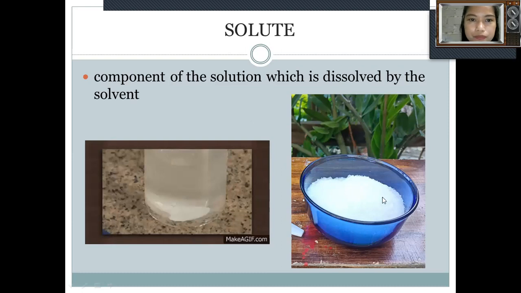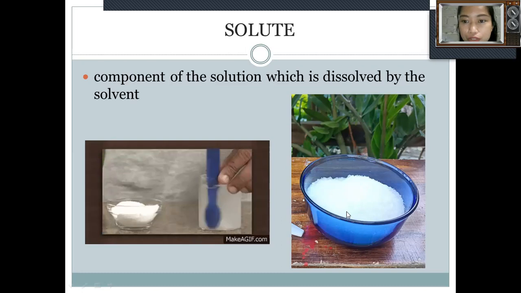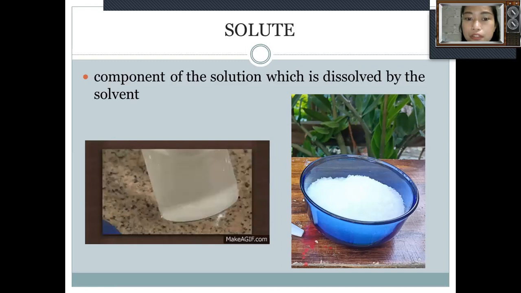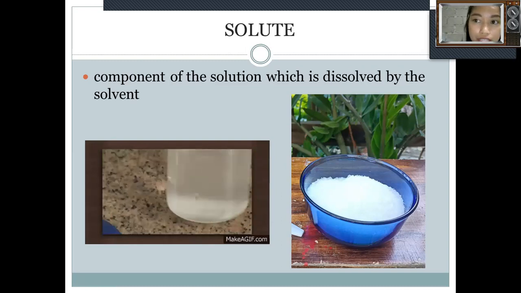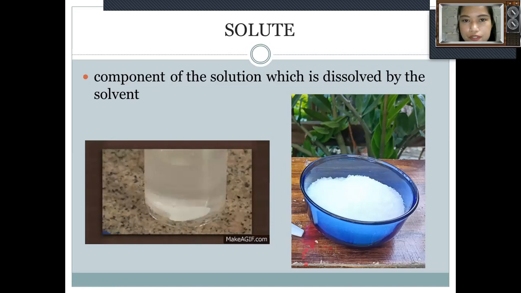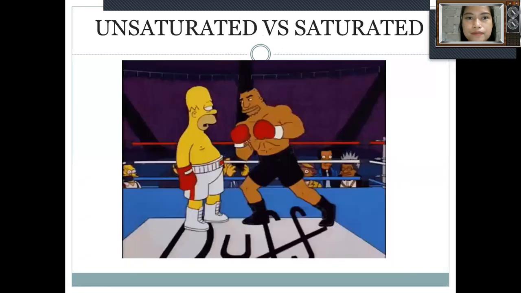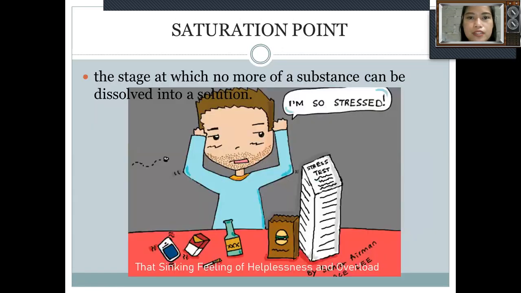So that is solute. There will come a point that the solute will no longer be dissolved in that solvent. So what do we call that point? It is saturation point.